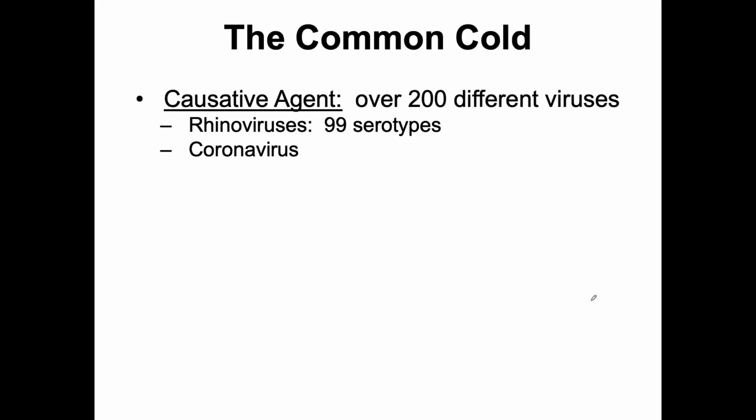The cold is caused by something called rhinovirus, okay, which has the ability to mutate and change its appearance very easily. That's why there's so many serotypes. Serotype means different antibodies cling to the outside and indicate what's on the surface.